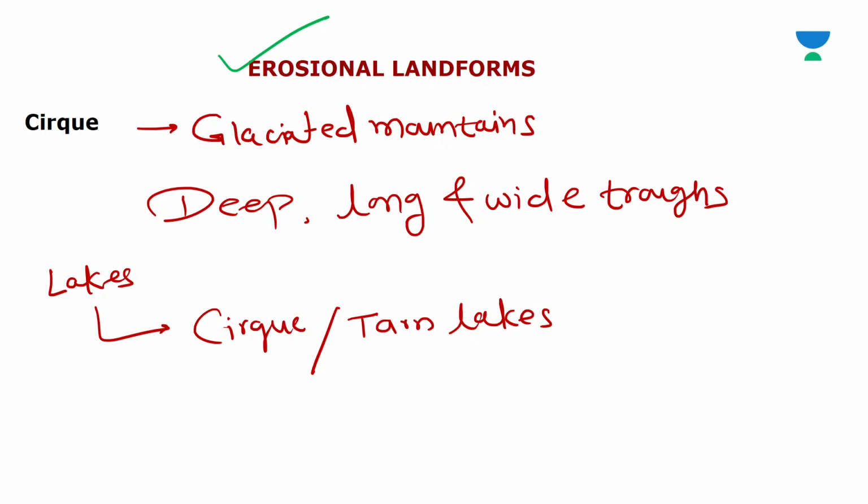Now friends, let's discuss the horns and serrated ridges. Horns form through headward erosion of the cirque walls.